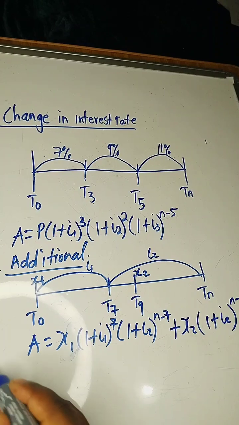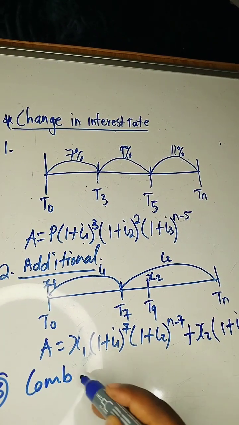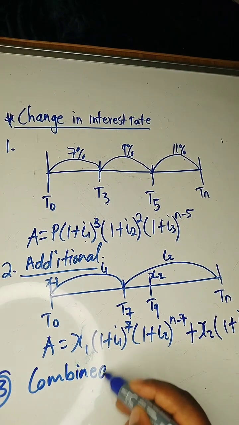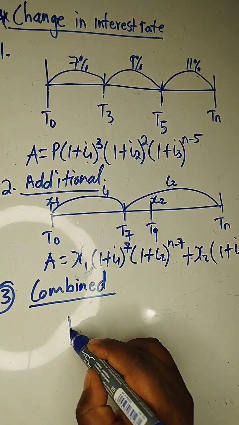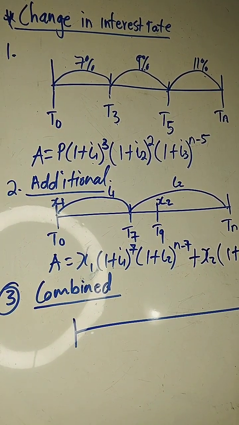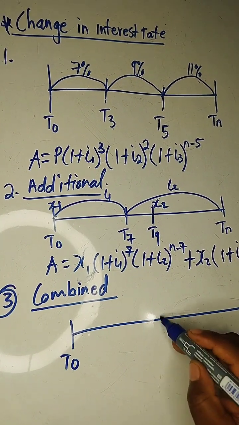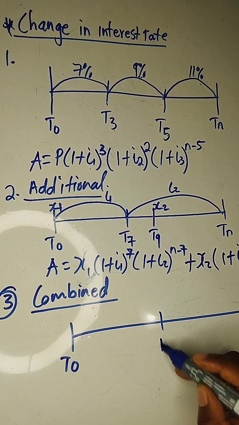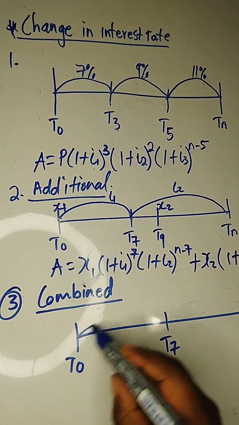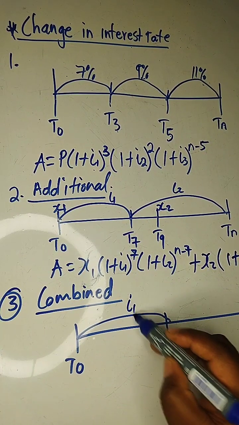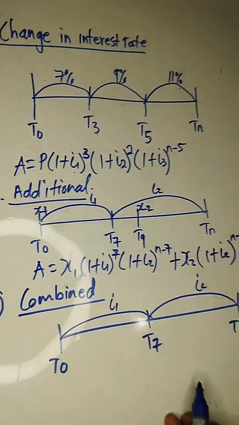Then number 3, let's deal with the timeline where it's a combination. Let me try and do this timeline. This is T0, this is Tn. Then the interest rate changes here at T7. We know that from here to here it is I1, from here to here it is I2.